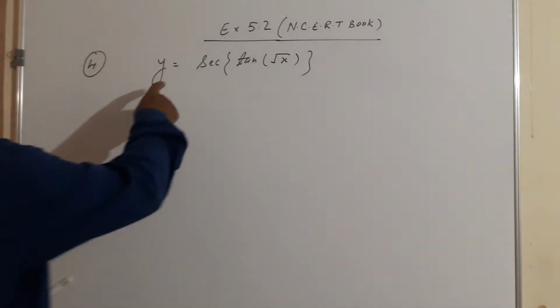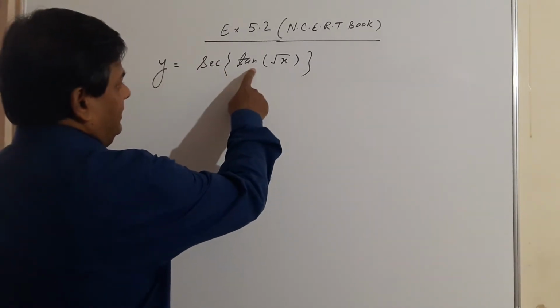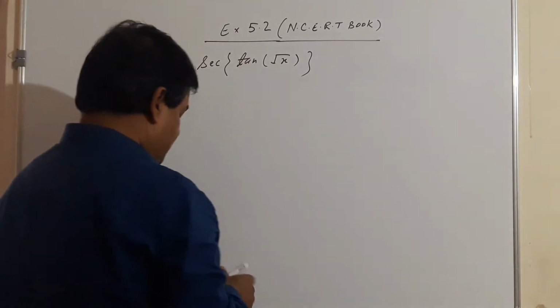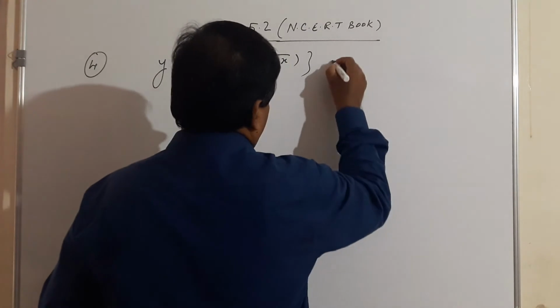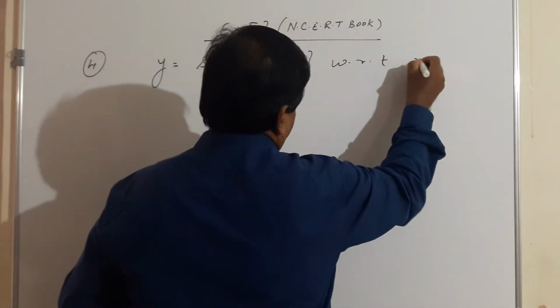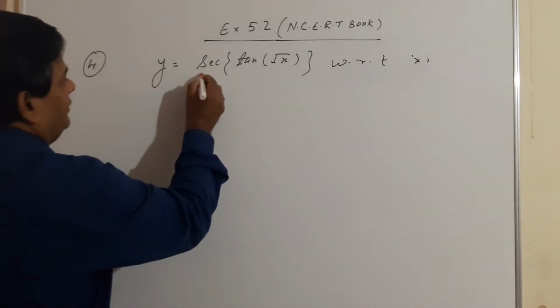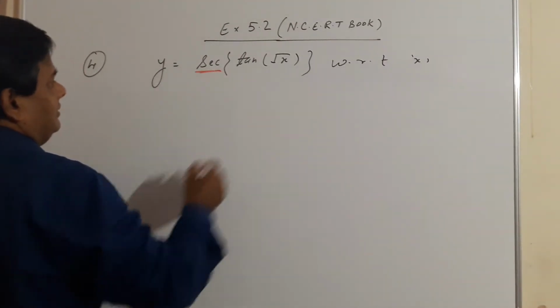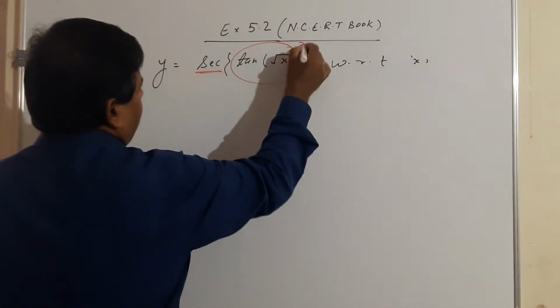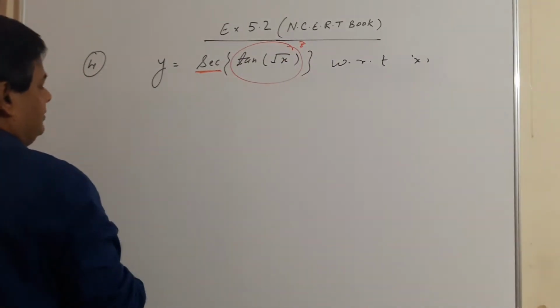Now we have to solve y = sec(tan √x), differentiating with respect to x. First of all, we have to differentiate sec, and suppose this one is z.